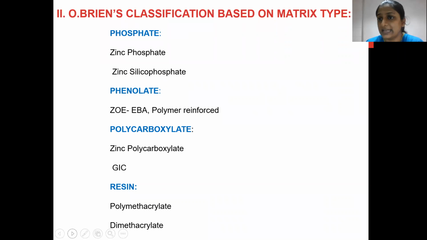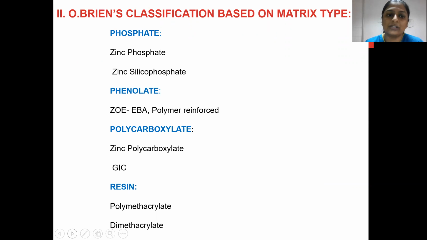Now, moving on to the next classification, O'Brien has classified cements based on the type of matrix. You have a phosphate matrix cement, which is zinc phosphate and zinc silicophosphate. When it is a phenolate, it is ZOE, that is zinc oxide eugenol, and EBA combination, or a polymer reinforced zinc oxide eugenol cement.